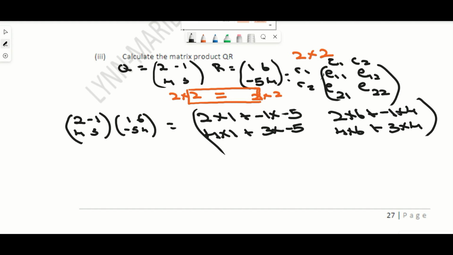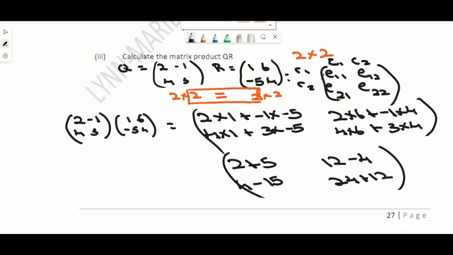Now 2 by 1 is 2, a minus and a minus is a plus, so that's plus 5 for your first element. Then your element, row 1 by column 2, is 6 twos are 12 minus 4. Then 4 by 1 is 4 minus 15, and the next one is 6 fours are 24 plus 12.